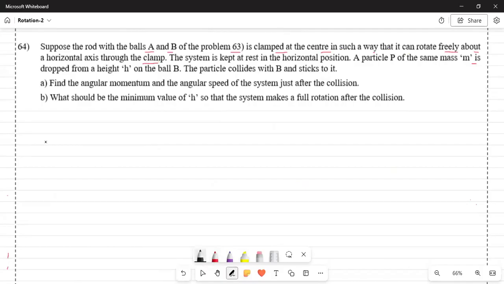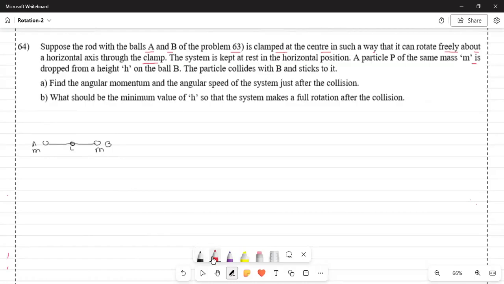That means the two balls are kept like this. This is A, this is B, both of mass M, connected by a light rod of length L, and it is pivoted at the center.